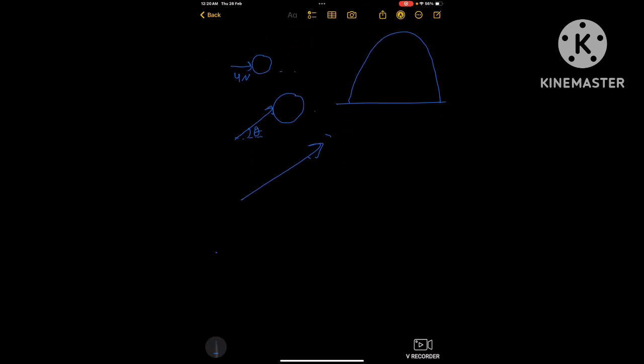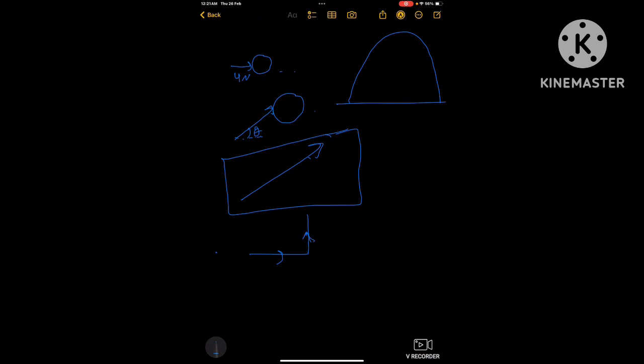Let's say this was the case. Can you see here that this arrow line is a mixture of moving to the right and up? So moving in the rightward direction and moving up in the upward direction.